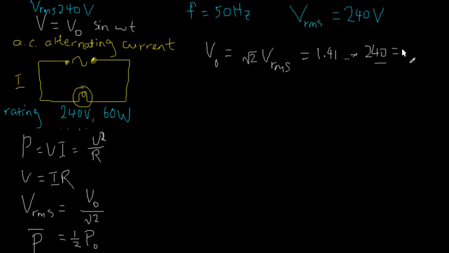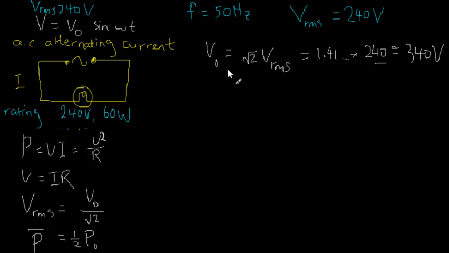So using our calculator, we will find that the answer is, I'll just take an approximate value, about 340 volts. And that obviously is a lot bigger than 240 volts, right? It's 100 volts bigger. So that's the actual peak voltage in the mains power supply.